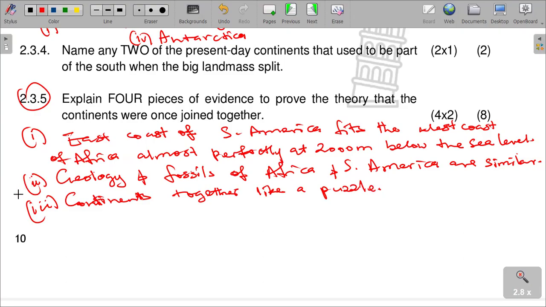Number 4, we are saying rock formation along South Africa's west coastline matches those along South America.